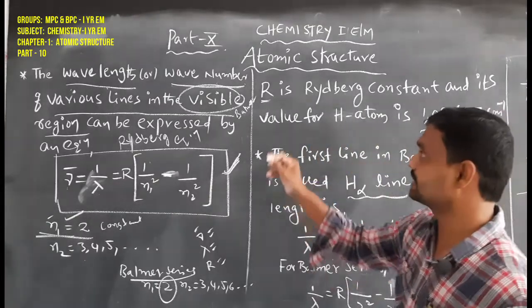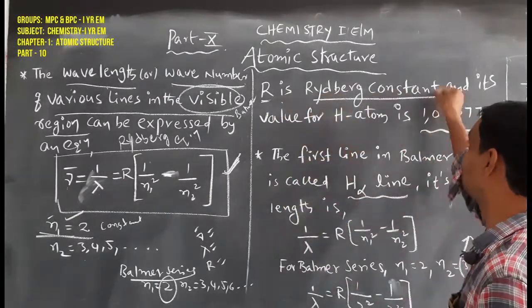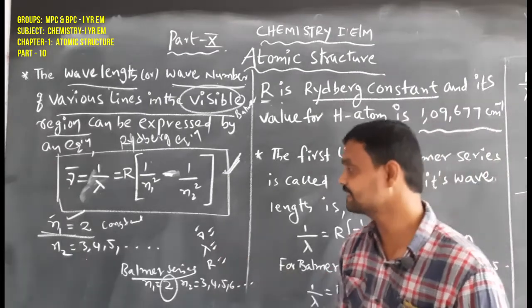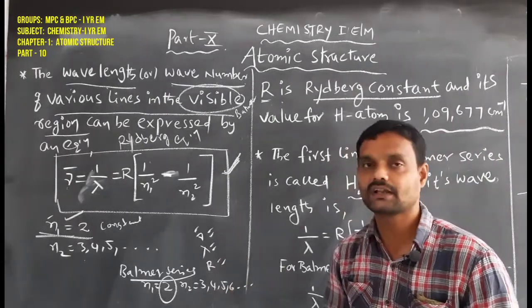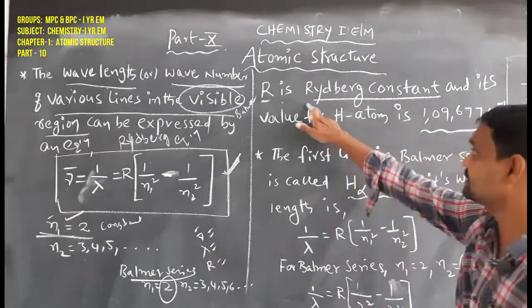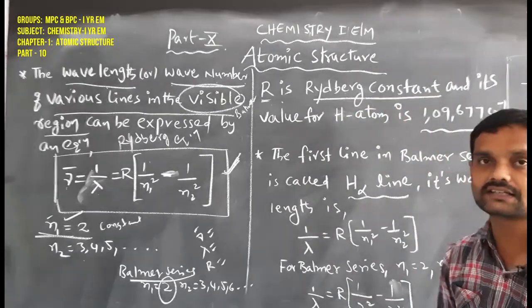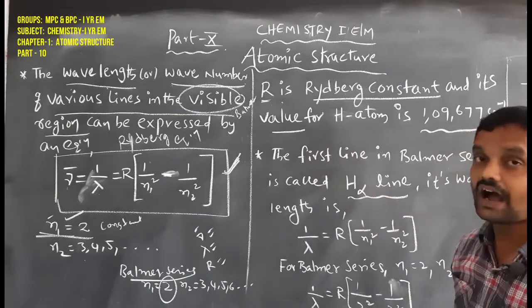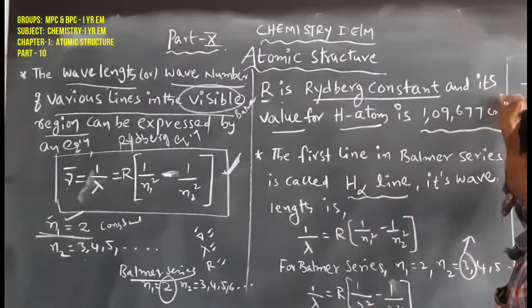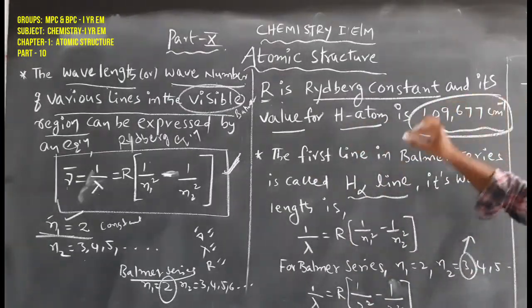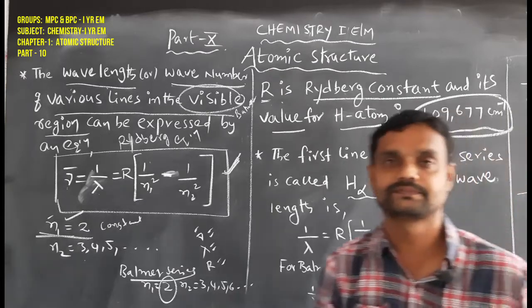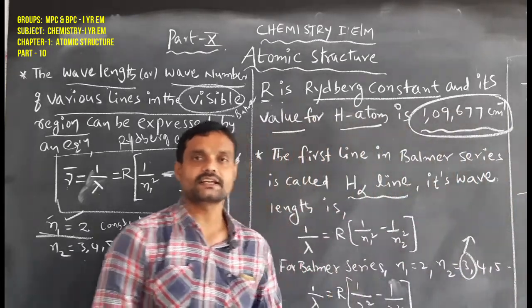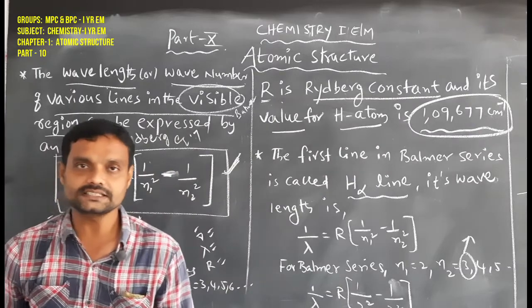Here capital R is called the Rydberg constant, and its value for the hydrogen atom is 1,09,677 centimeter inverse. So in that equation, capital R is called the Rydberg constant.